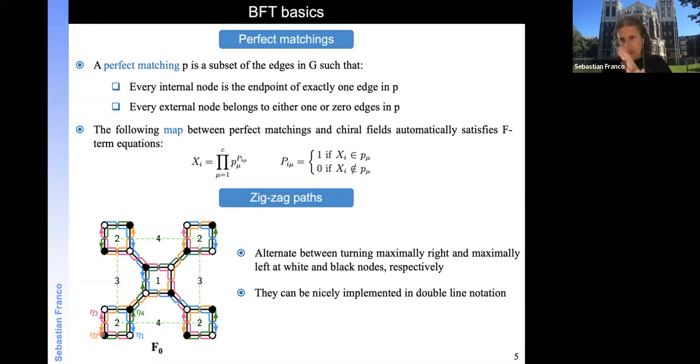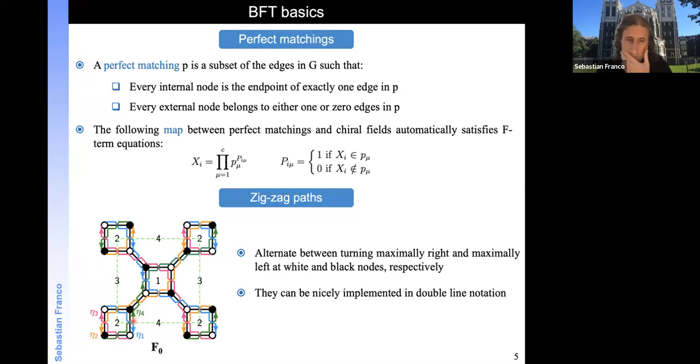You can think in terms of having the path on the edge. There's a convenient way of thinking about it in which the paths cross the edge at the middle point, and you have 2 zigzags going through every edge because you can go in one direction or the other. This double line notation is a very convenient way of representing a zigzag path.